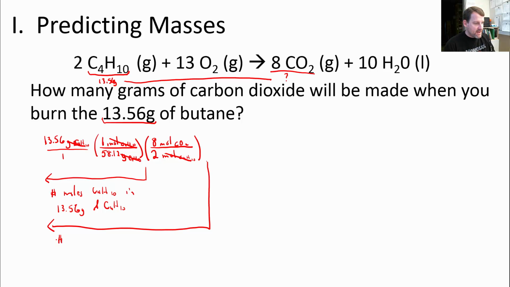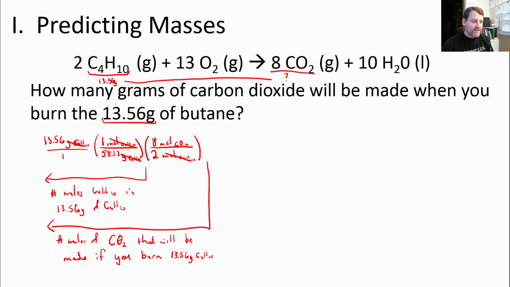So this is the number of moles of CO2 that will be made if you burn 13.56 grams of the methane, C4H10.